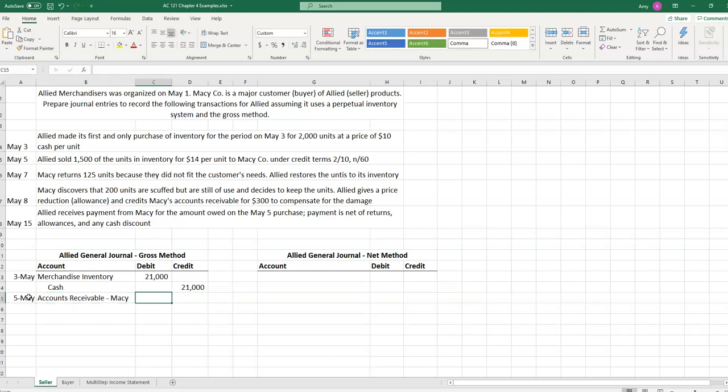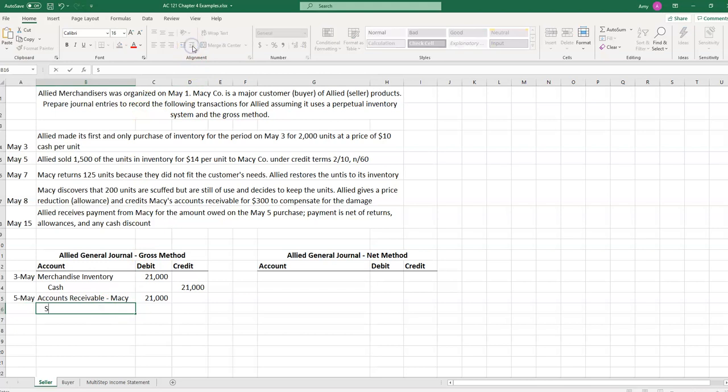And that amount is 1,500 units times $14 per unit. We record our sales revenue of 21,000.